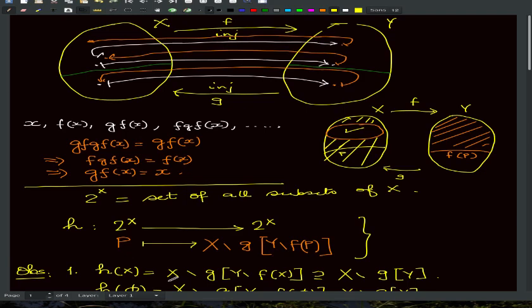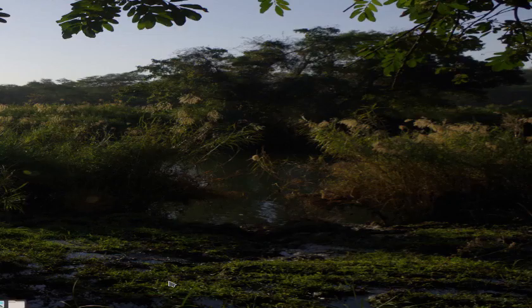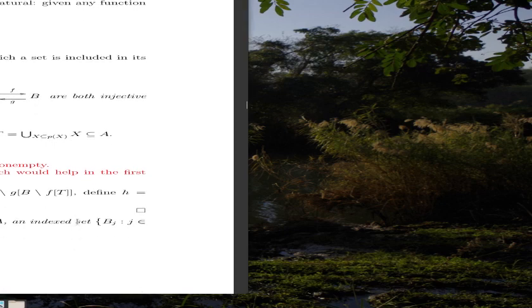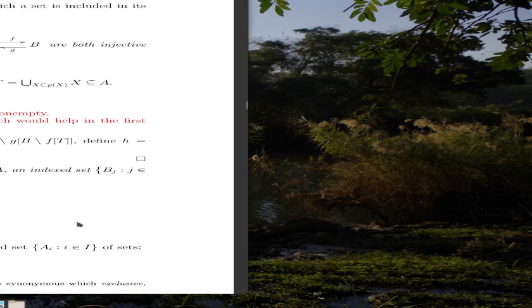Lemma 7.4 is just set theoretic manipulation which we have done already before. It's just an extension of similar things for finite unions and finite intersections which we did before.